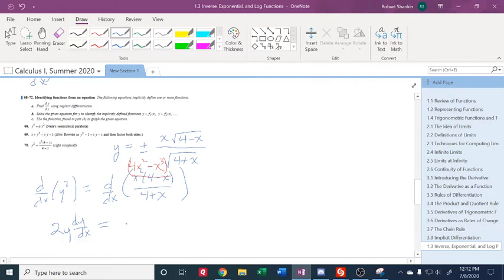So it's the bottom times the derivative of the top, minus the top times the derivative of the bottom, over the bottom squared.